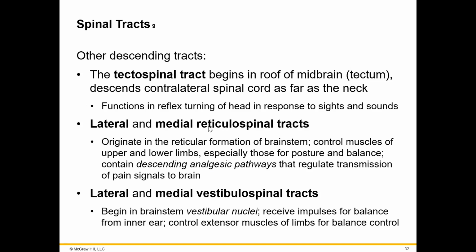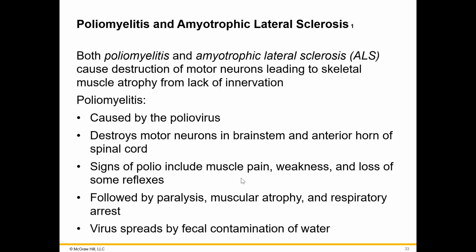Where do we say the reticular formation is? In the brain. So reticulospinal, is that ascending or descending? What about vestibulospinal? The vestibular nucleus is in the brain, so that's a form of descending. That's what we talked about.